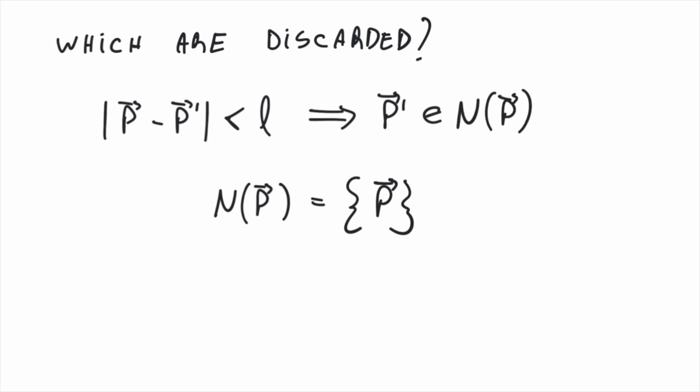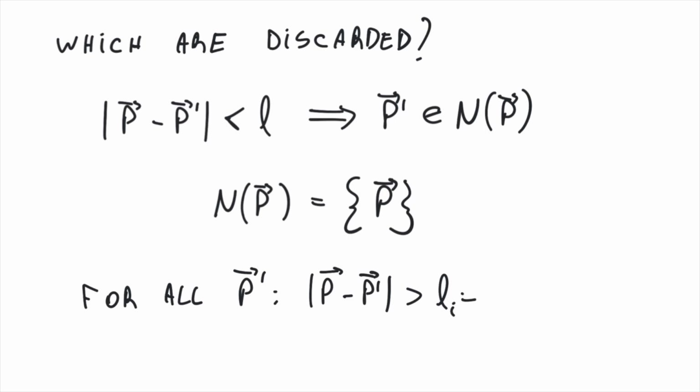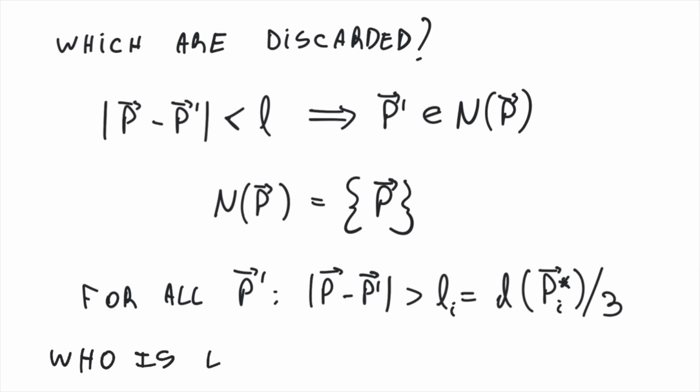Thus, we know that for all P prime, we have that the norm of P minus P prime is greater than L, which we should remember was set to the distance from P star to the closest point over 3. But then, who is left? So what are the points that survive this process?